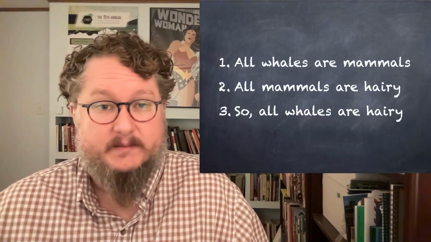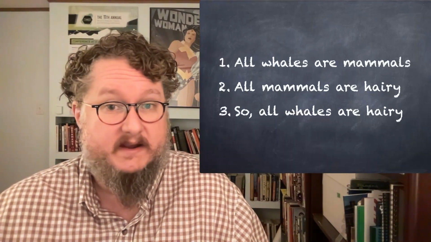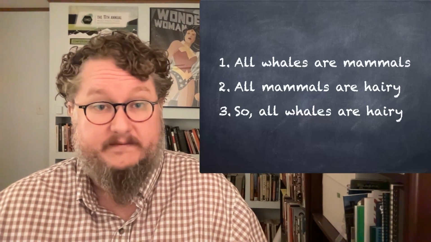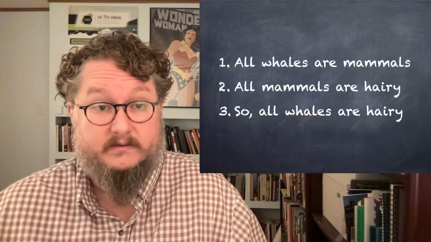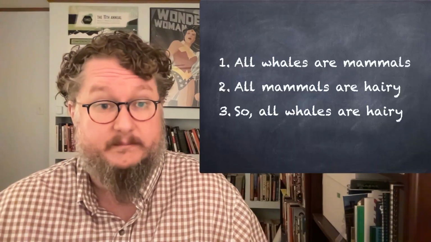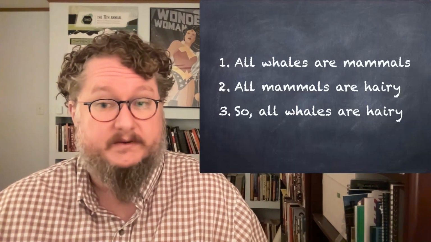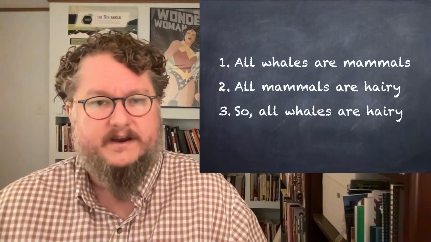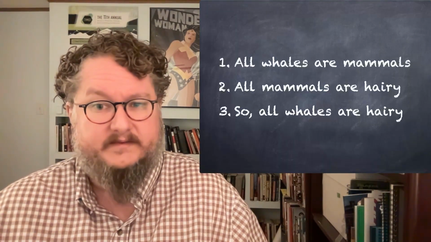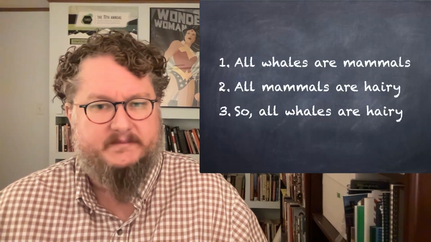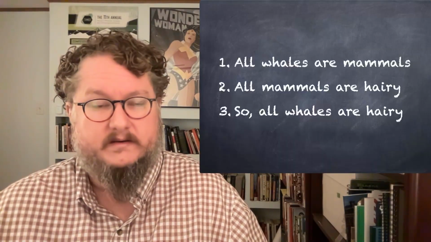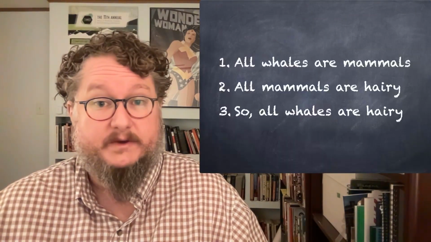Or you could deny premise 2, say some mammals aren't hairy, right? But if you accept premises 1 and 2, it seems like conclusion number 3 must be true. Actually, I think the argument is right. Even whales and dolphins have hair, although sometimes just in utero before they're born, and they lose it. Depends, I guess, on what you mean by hairy.